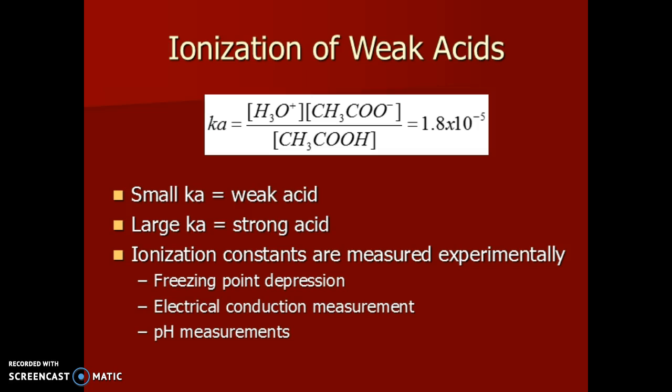Whereas your very, very small K values, well, you're not going to be pushing very far to the product side. You're not going to be making a lot of hydronium. You're not dissociating very fully. Therefore, you can't be as strong. And ionization constants, by the way, these Kas can be experimentally determined in a large number of ways, many of which we will actually explore in class.